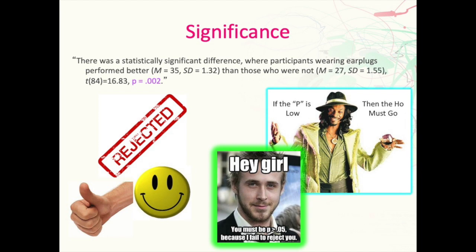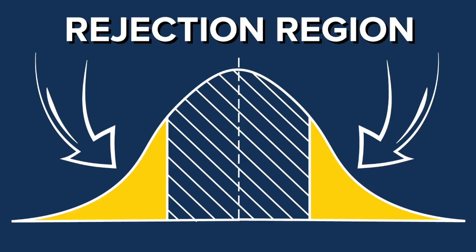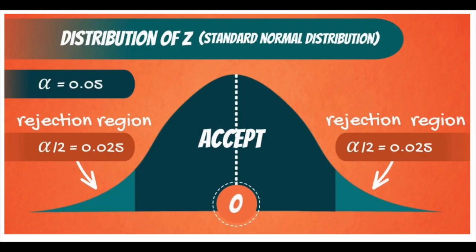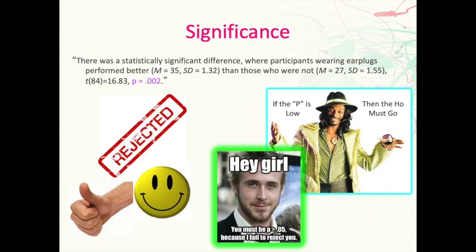And again, if you report p less than 0.01, that means that the statistical test value, the number you get from doing your statistic, fell in that area of the tails of the curve. And verbally, you would say that there is less than a 5% or less than a 1% chance that these groups, the sample and the population, are the same, that there's not a significant difference between them.